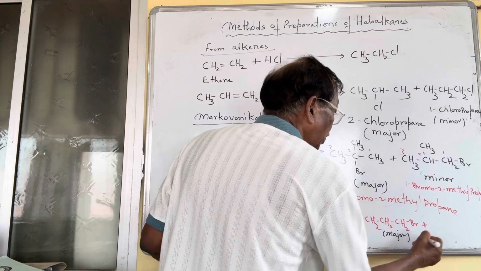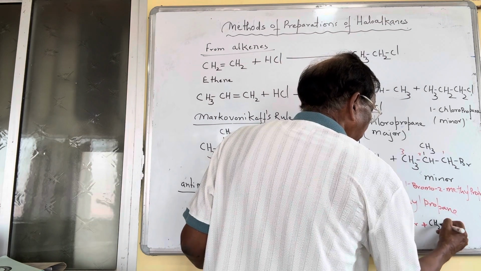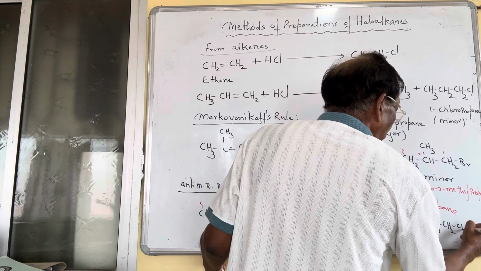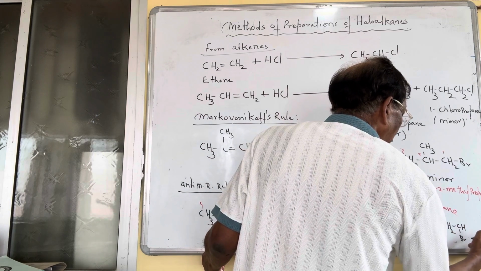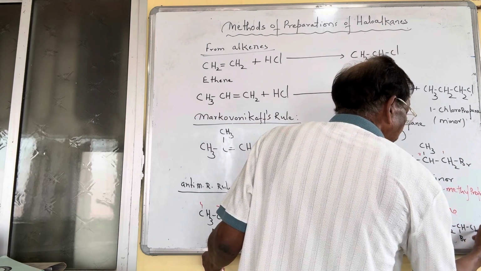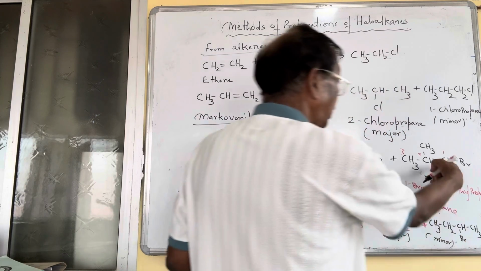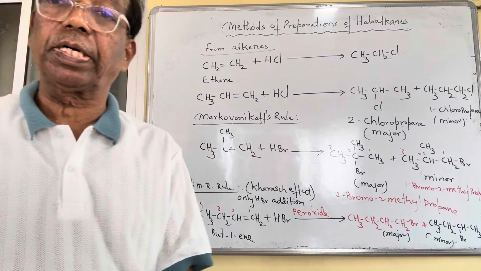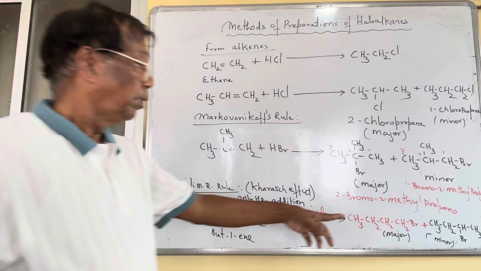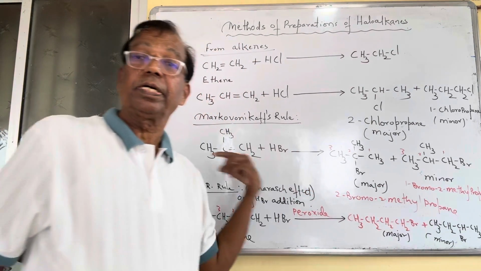And the minor product will be CH3, CH2, CH, Br with CH3. This is minor. The name we all know already, so I need not waste time writing it. So here major becomes minor, and minor becomes major.